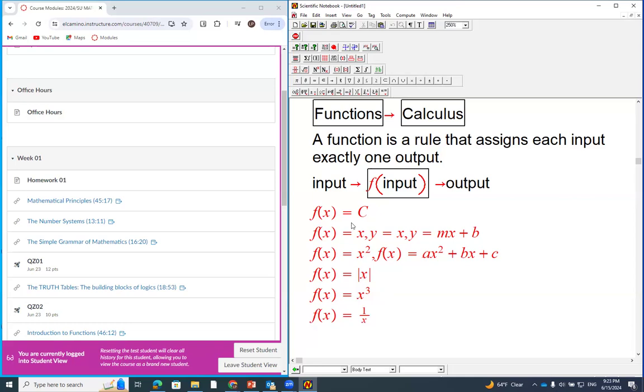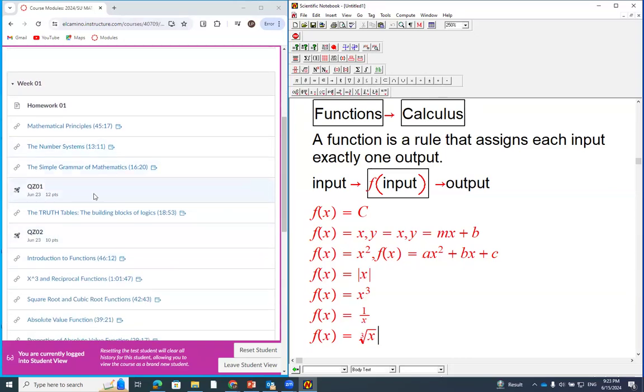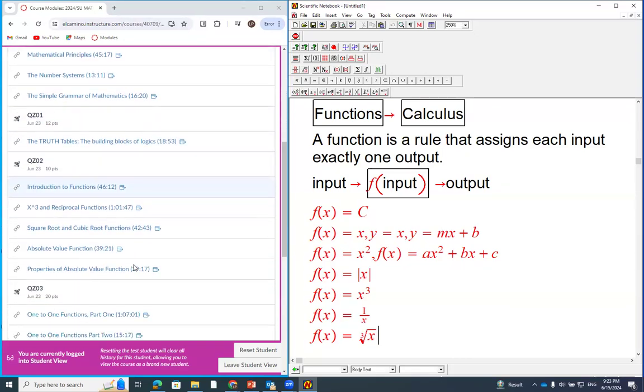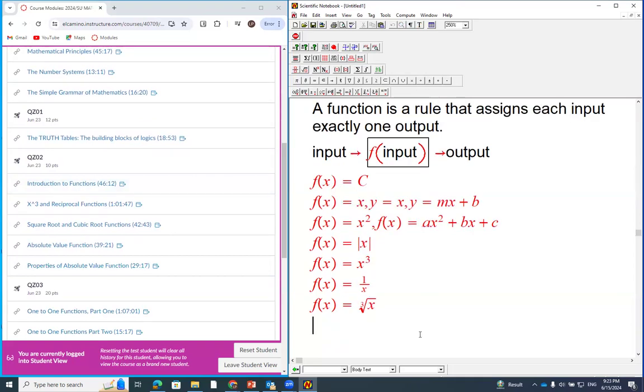And another one, f of x equals the cubic root. I call these basic functions: 1, 2, 3, 4, 5, 6, 7. Oh, there's another one, square root. So that makes 8 functions.